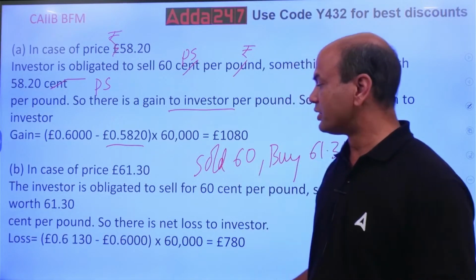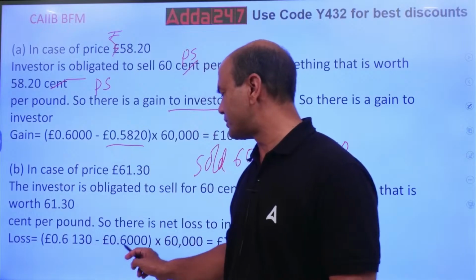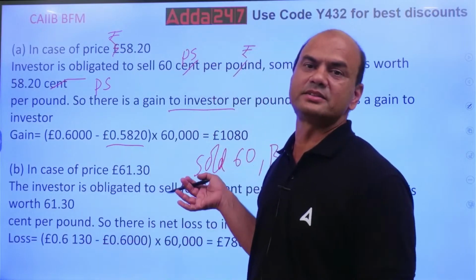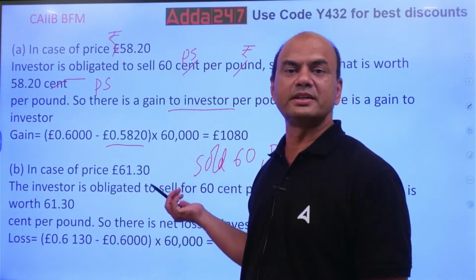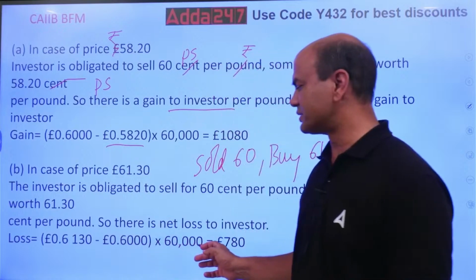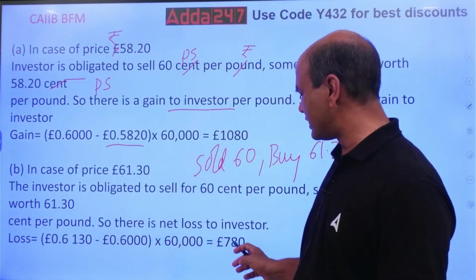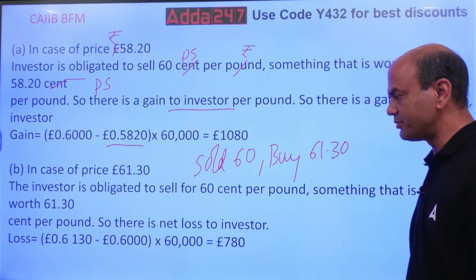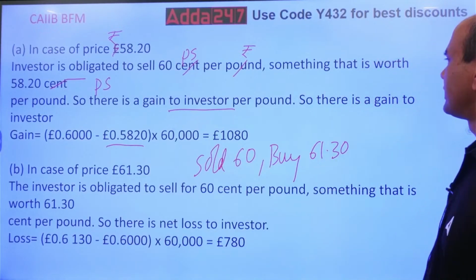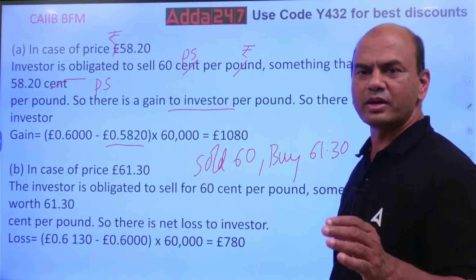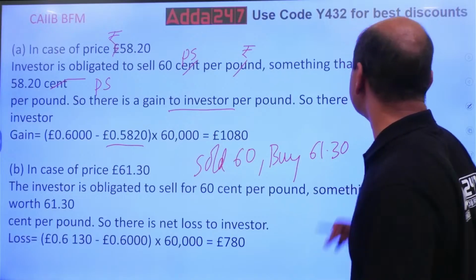So 0.6130 minus 0.6, divide by 100 because this is cents and this is pounds, or paise and rupees, and multiply with 60,000. The zeros will go and whatever remains is 780. Got it everyone? Clear? Simple calculation: buy at what rate, sell at what rate, and that's the difference.